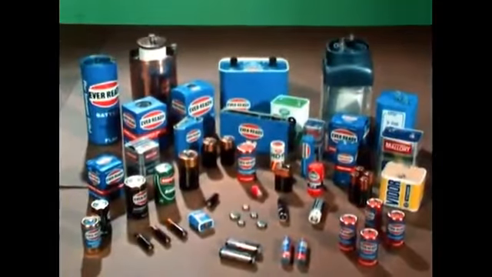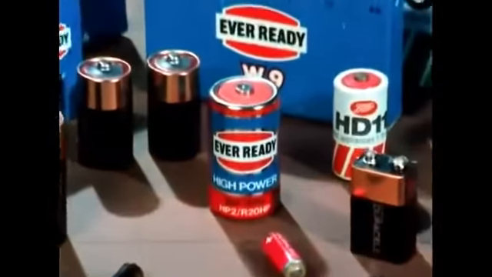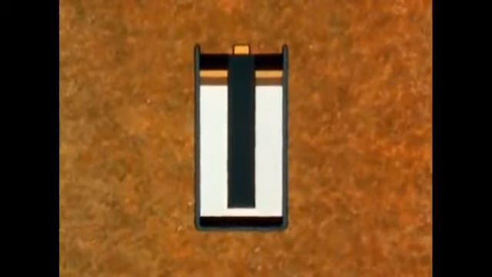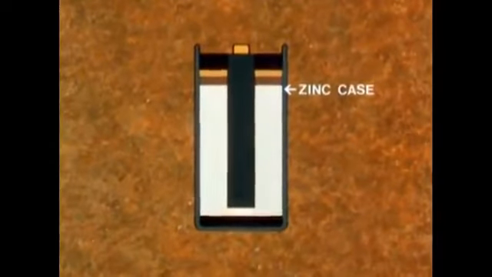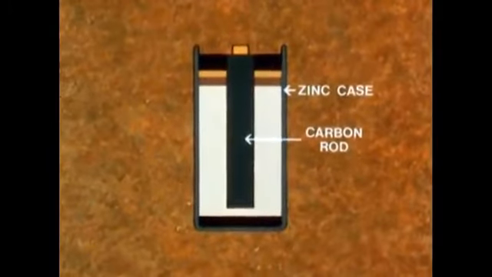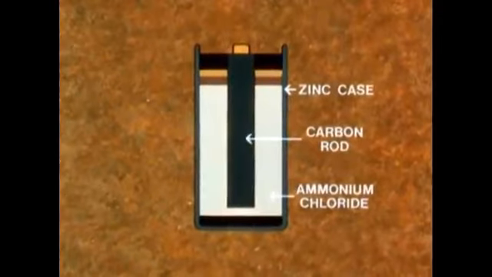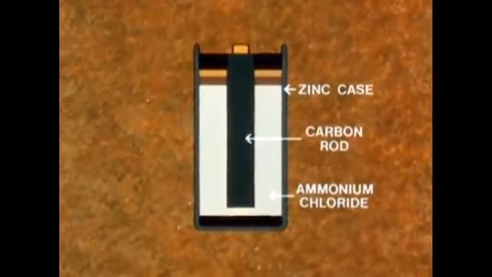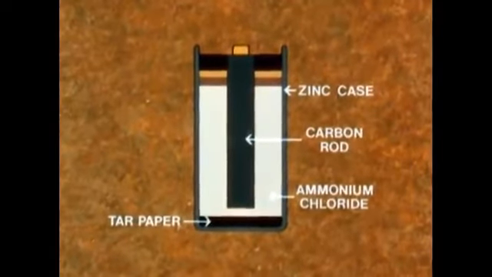In practice, the most common type of primary cell is the flashlight battery or dry cell. The zinc plate is now formed into the case containing the electrolyte. The copper plate is replaced by the central carbon rod, and the electrolyte is a paste of the chemical called ammonium chloride. At the bottom, a tar paper washer makes sure the carbon rod doesn't touch the zinc.